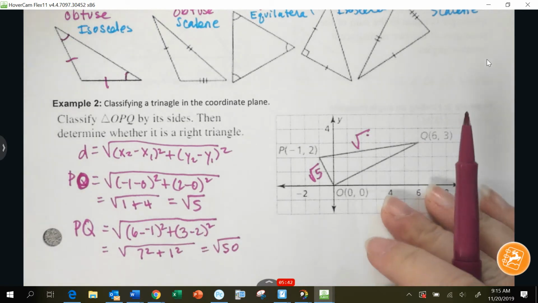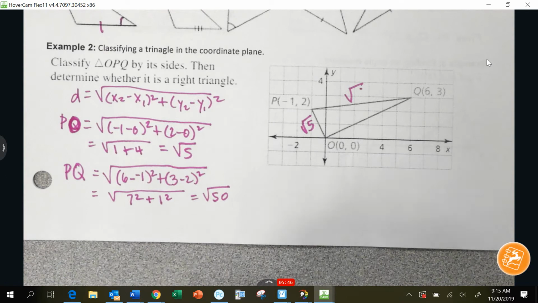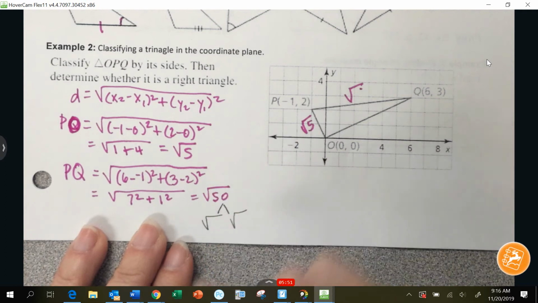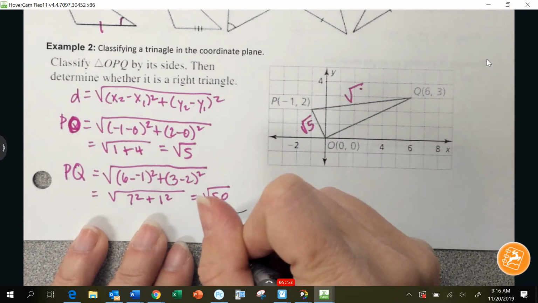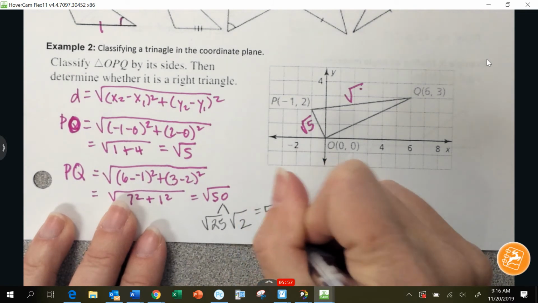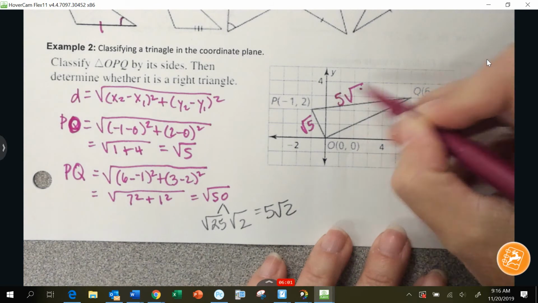Is square root 50 simplified all the way, or does it break down? John? Break down. To what? 5 square root 2. Oh, 25. Yeah. 25 times 2, which equals 5 square root 2. So this side right here is 5 square root 2.